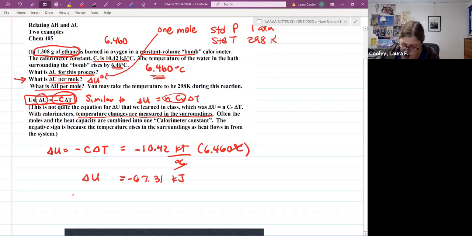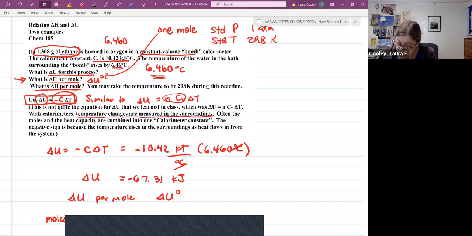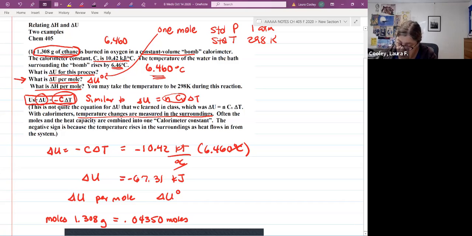Now it asks you for the delta U per mole, which we often write this way. Okay, has a few other things that have to be true for that little 0, but we're assuming they're true. So we have to figure out the number of moles. I know some people already figured out that this is 0.04350 moles. So you would take the kilojoules and divide it by moles.